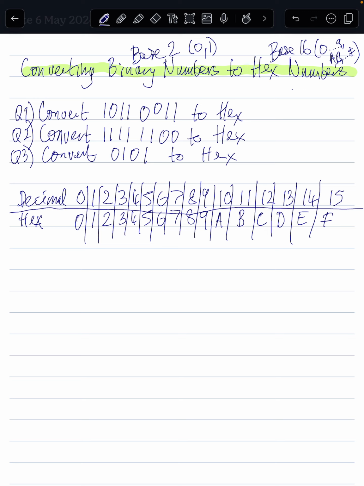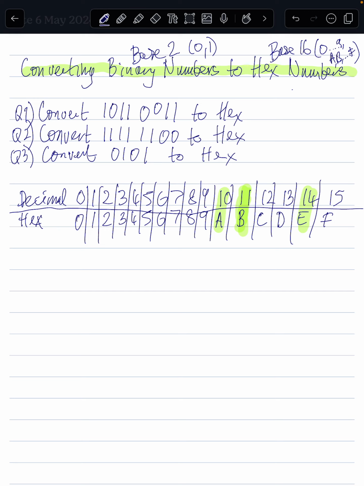Okay, so this means that B in hex is 11 in decimal, or 11 in decimal is B in hex. 10 in decimal is A in hex. E in hex is 14 in decimal.